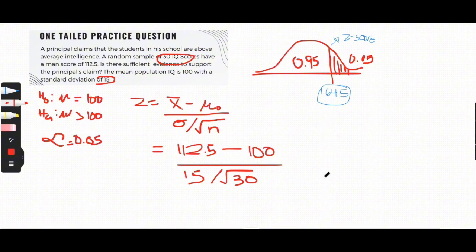And so the answer will be 4.56 using our calculator.